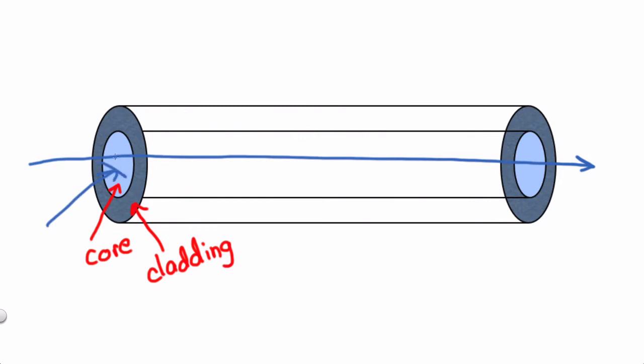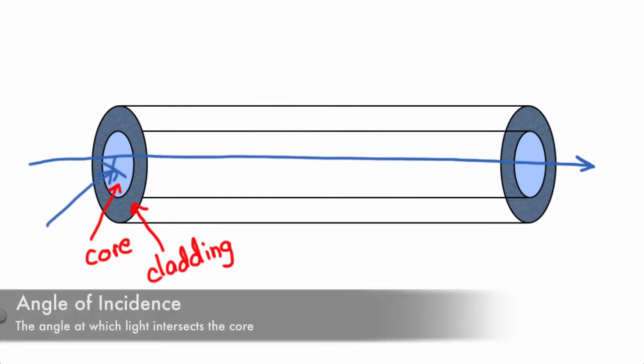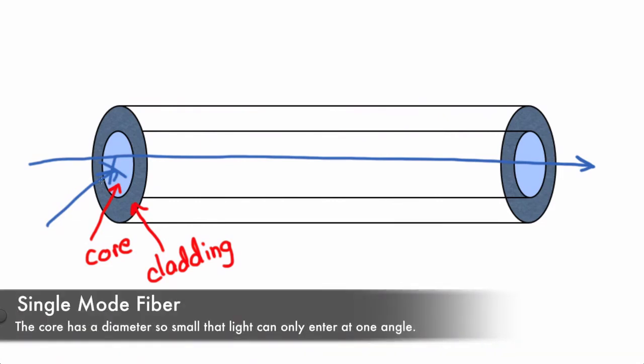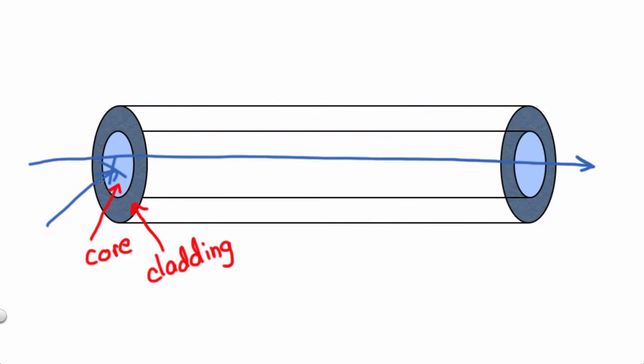A larger angle of incidence, as it's called, is not going to be supported. Because the diameter is so small, we only have 1 mode, only 1 path that the light can take. That's called single mode. And because single mode eliminates the issue of multi-mode delay distortion, because we don't have multi-modes, this means that we can achieve much greater distances, maybe 40 kilometers as an example, with single mode fiber as opposed to multi-mode fiber.